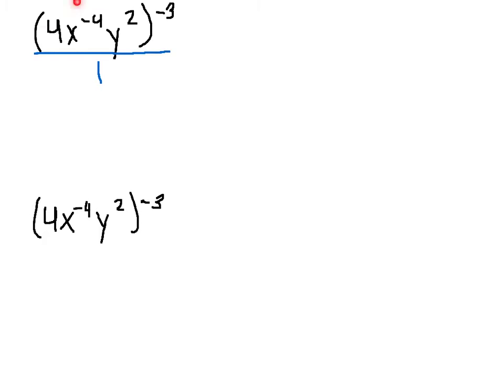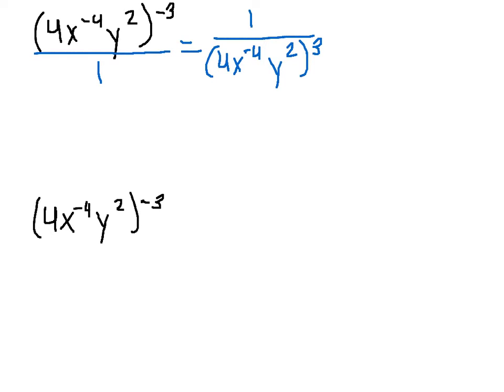When we move this entire thing to the denominator, we now have a 1 on top, over 4x to the negative 4th power y squared. And now it's to the positive 3rd power, because when you move this to the denominator, it becomes a positive.